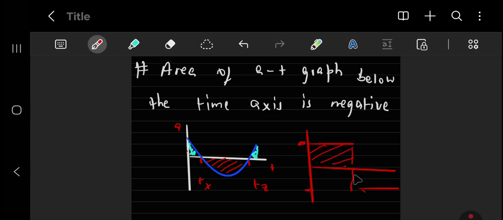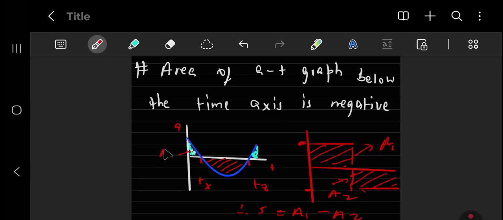But in this case, the change in position is going to be this one, but it's negative, so I'm going to minus it from that one. If that one is a1, this is going to be a2, and the position as a whole is equal to the first area minus the second area, a2.